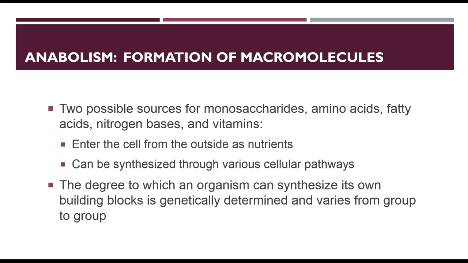The first way is that these compounds enter the cell from the outside as nutrients, so the organism consumes them. The other way is that they can be synthesized through a number of cellular pathways from their component parts. The degree to which an organism can synthesize its own building blocks is genetically determined and varies from organism group to organism group.